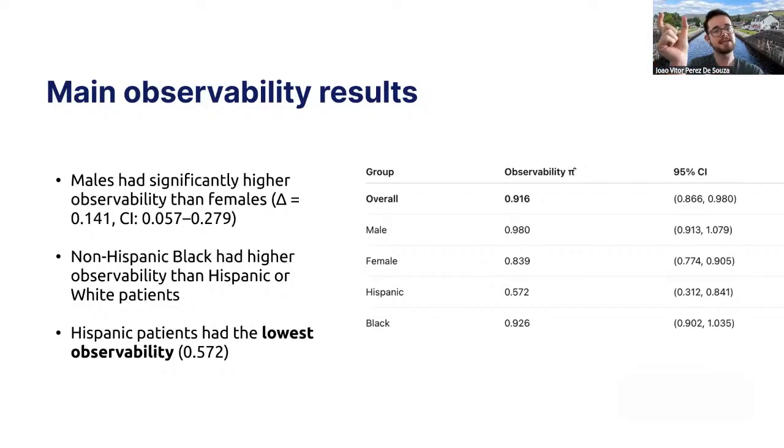And you can use their estimate and balance your estimate on theirs, considering the covariates, considering the patient characteristics, and then you can estimate your observability rate, which would then lead to less biased estimates on your readmission rate, on your outcome rate. Does that make sense? Yeah, it does make sense.